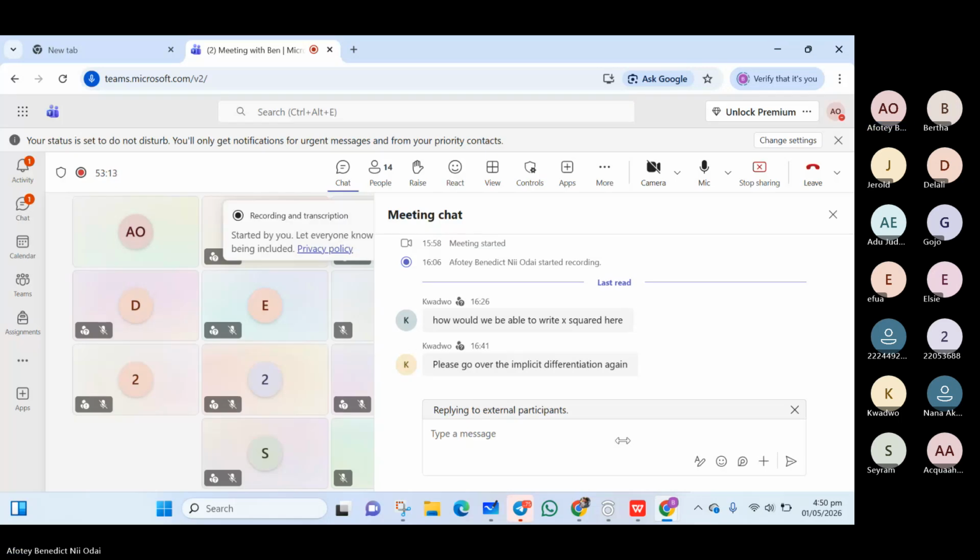So let's take one that involves exponential. So let's have f of x. No, first of all, let me ask this question. Please, can I go over implicit differentiation? Okay, I'll go over it before I continue. Any more questions, please? Thank you very much, Kojo.